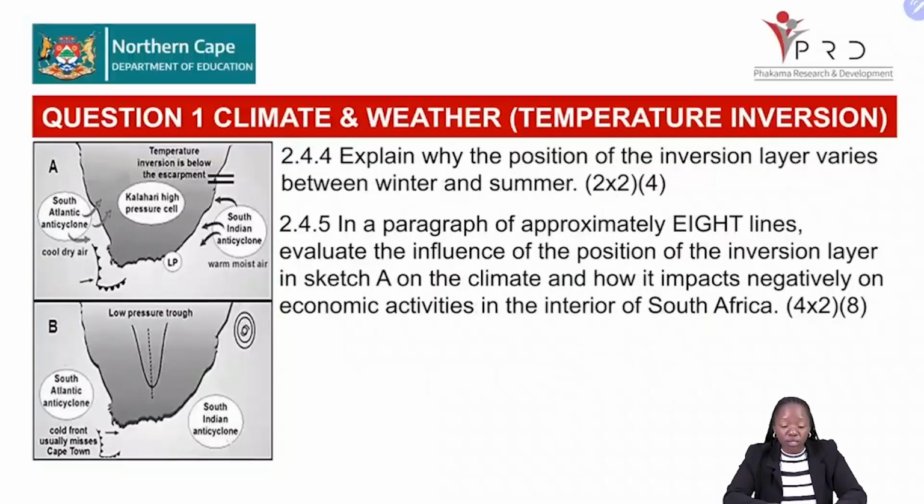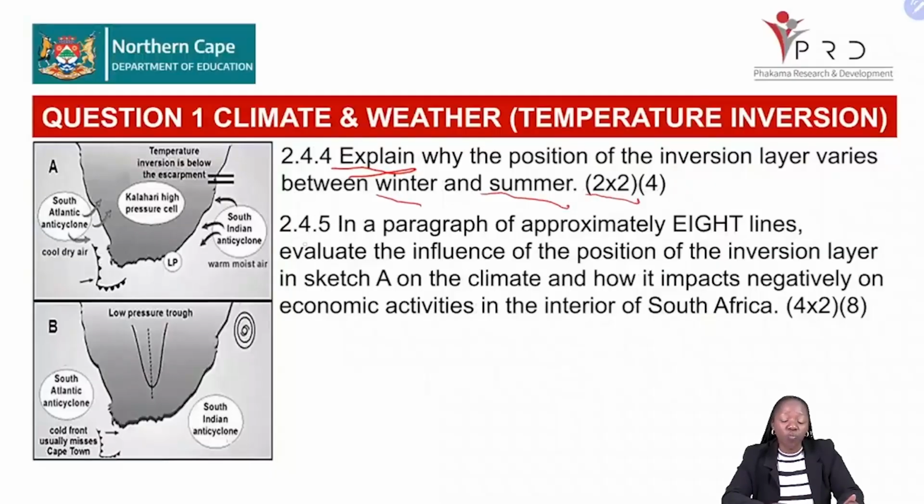The next question, your 2.4.4, explain why the position of the inversion layer varies between winter and summer. 2 times 2. Remember we said when the question is asking about 2 features or 2 things in the same question, you need to be specific. This is the answer for winter and this is the answer for summer.